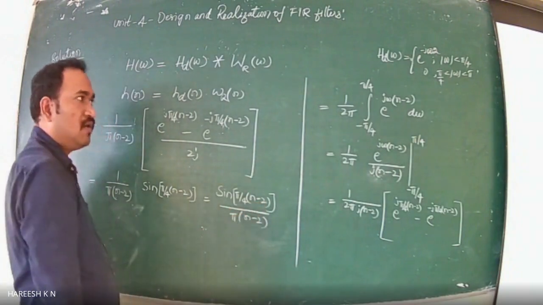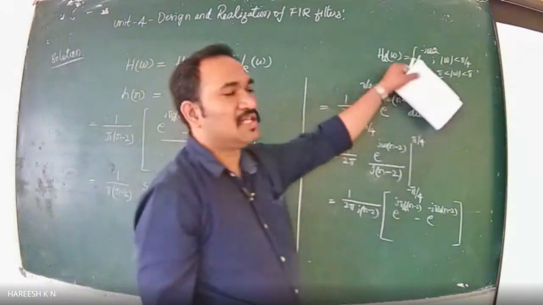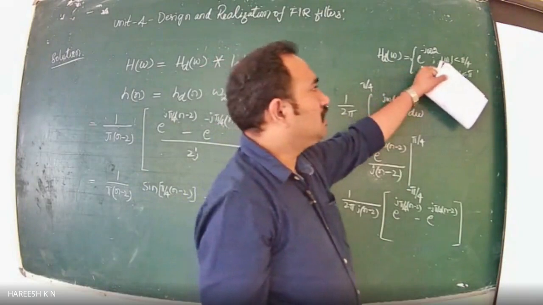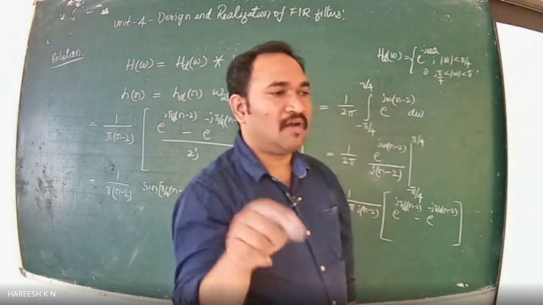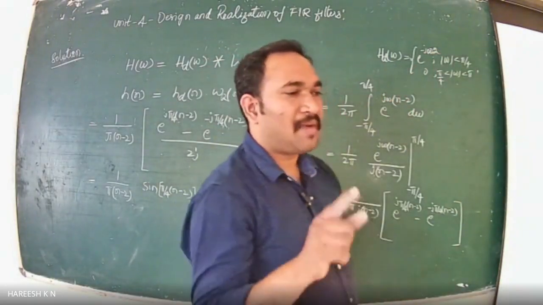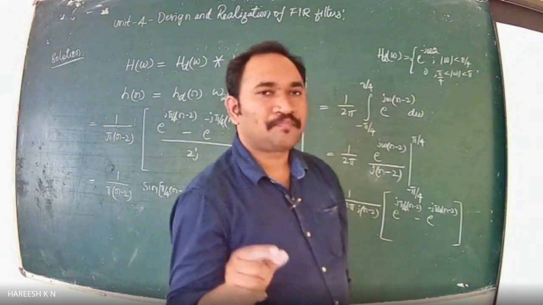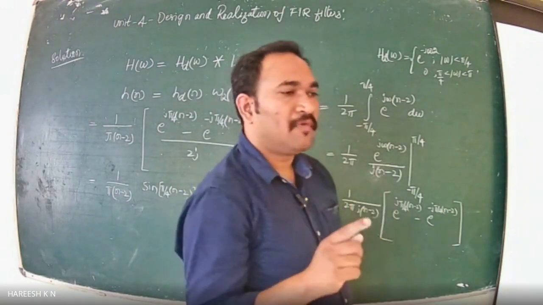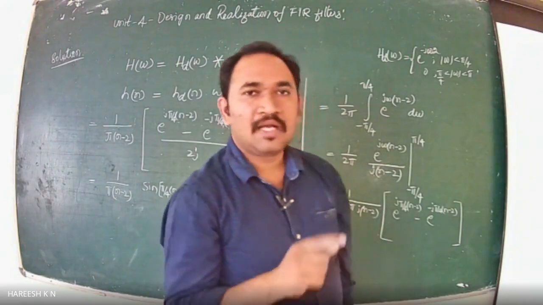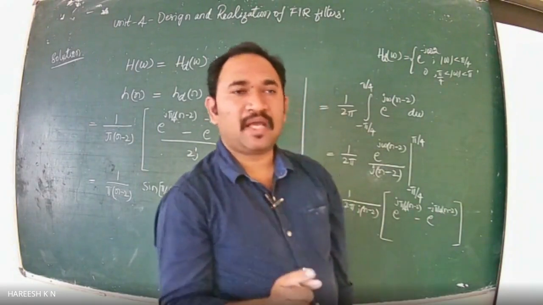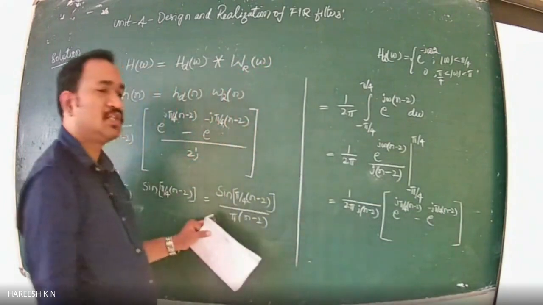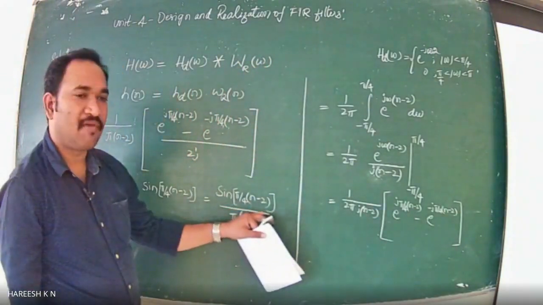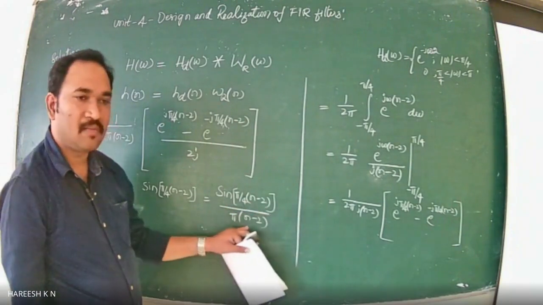In general, if the desired frequency response is in the form of e to the power of minus j omega alpha, for magnitude of omega less than omega c, the cutoff frequency, and 0 for magnitude of omega greater than omega c and less than pi, then it can take this form: sine omega c into n minus alpha divided by pi into n minus alpha.